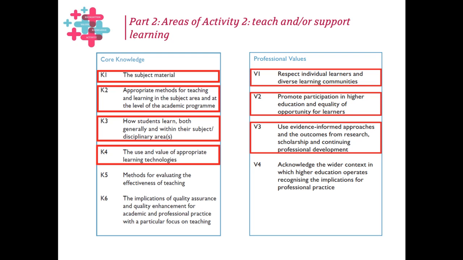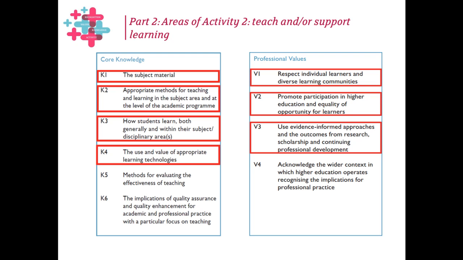Professional value 2 promotes participation in higher education and equality of opportunities for learners. So how do you make this inclusive? It's about retention. How do you ensure that everybody is learning within this environment? And lastly, how do you use evidence-informed approaches, outcomes of research, scholarship and your own continuing professional development?